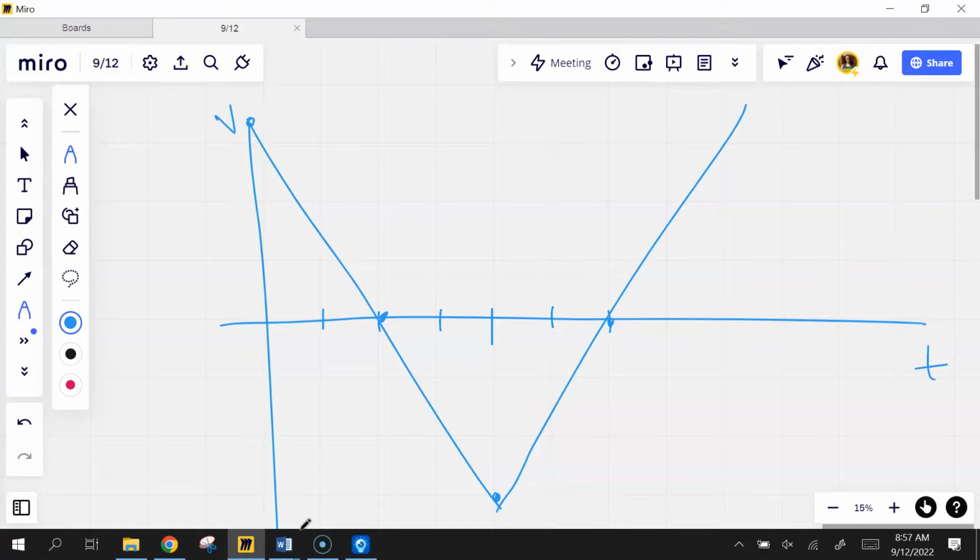This is a graph of velocity. You're going to have to really think about this. Tell me where you think my object is speeding up.